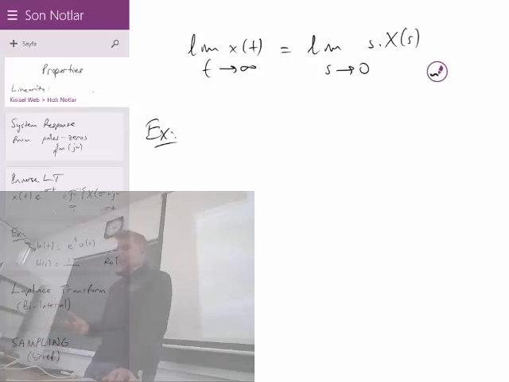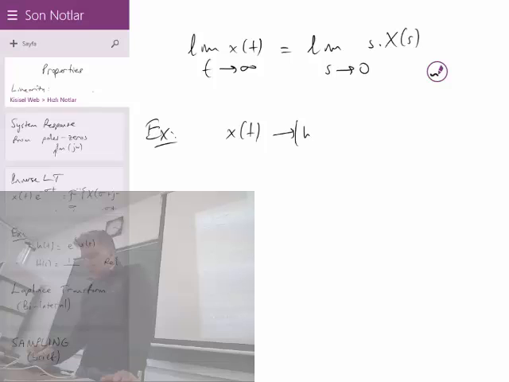What sort of questions can we solve with these? What could be asked? It could be, for example, like this. X of t goes into a linear and time invariant system which I don't need to indicate to be linear and time invariant anymore.